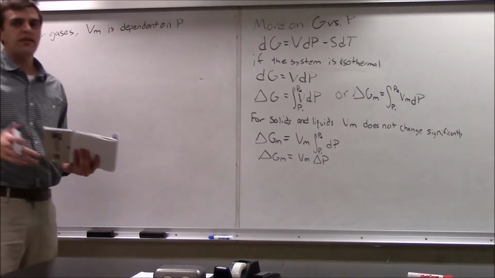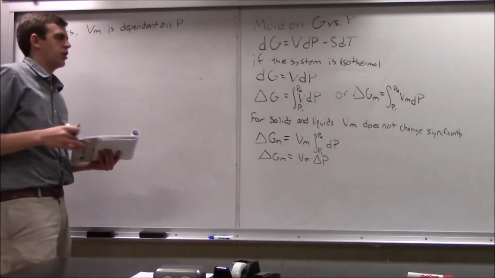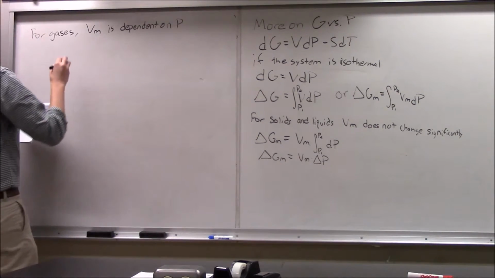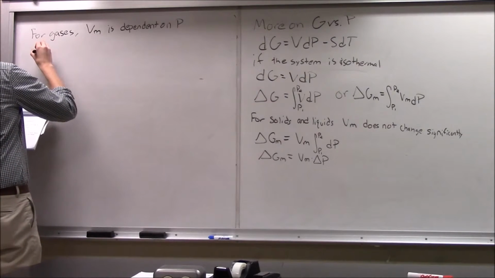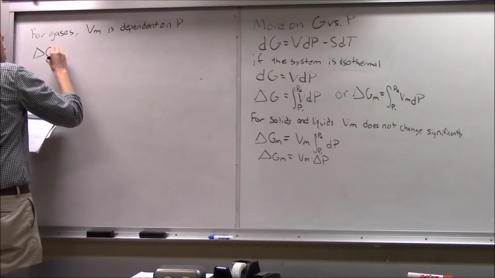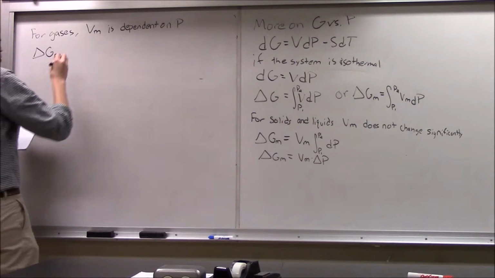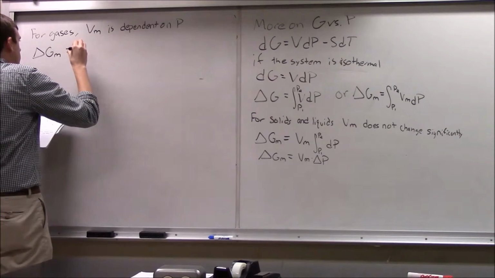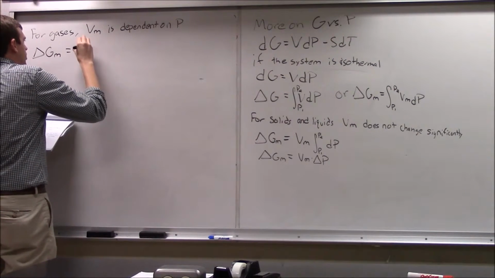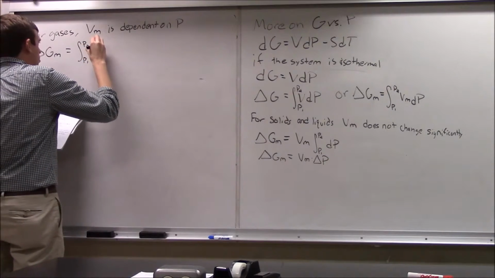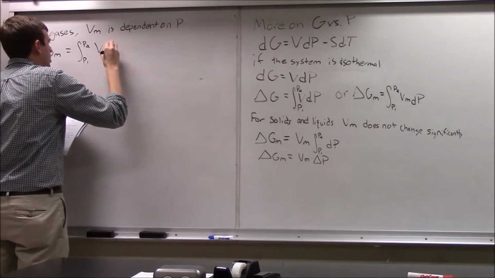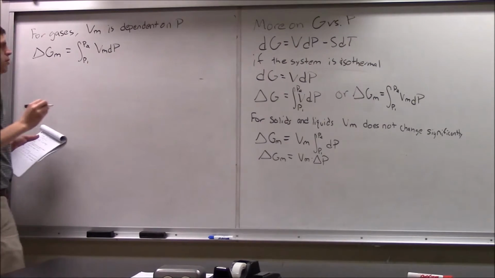Our volume will change significantly if we change the pressure. And so we can write our molar Gibbs free energy change as the integral from P1 to P2 of the molar volume dP. Now we can't pull this out anymore.